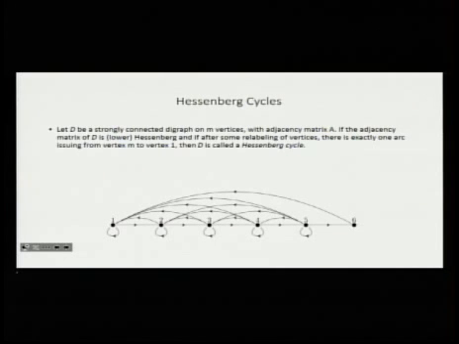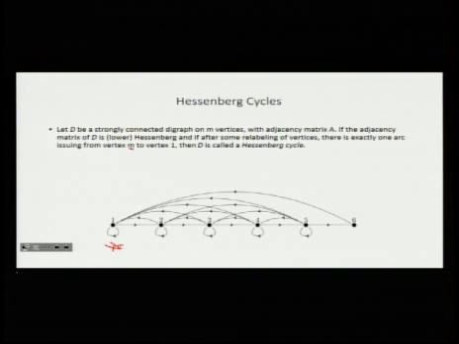Here's an example of a Hessenberg cycle. If the adjacency matrix of our digraph D is Hessenberg, and after some relabeling of the vertices, there's exactly one arc from vertex M, which is our last one, to vertex 1, then D is called a Hessenberg cycle. Here's an example on 6 vertices.